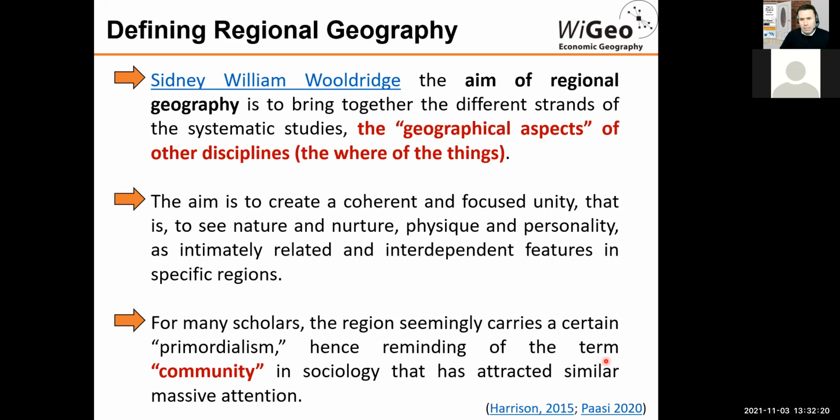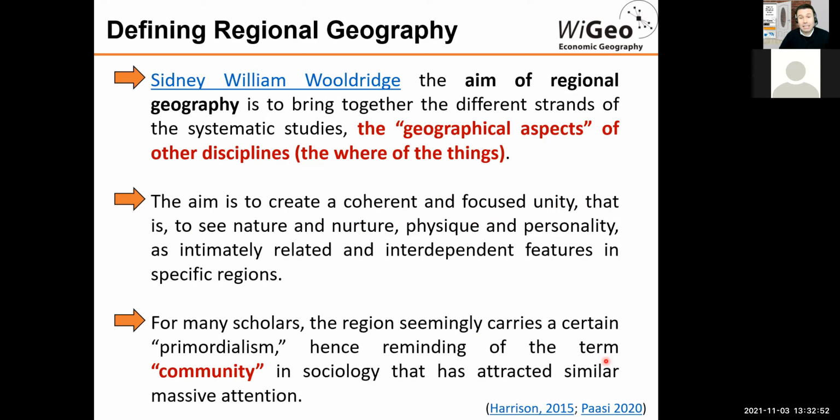Another couple of insights to help grasp regional geography. Waldridge mentioned that the aim of regional geography is to bring together the different strands of the systematic study. There were a number of geographies more concerned with systematizing knowledge, while others were more concerned with seeking specific elements of one geography, and he suggests combining them in one approach.